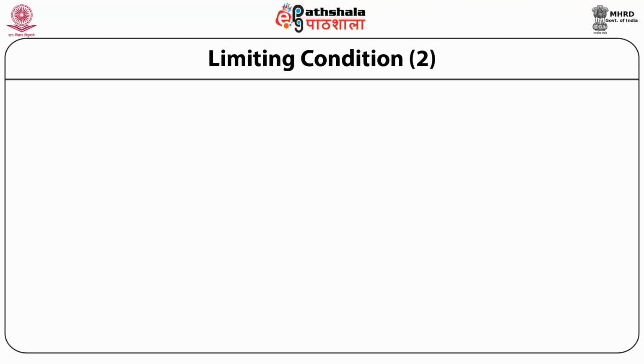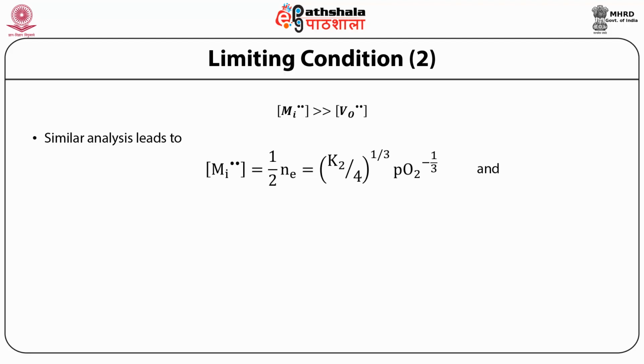So the second limiting condition is when the concentration of Mi double dot is much greater than VO double dot. Following a similar exercise as in the previous slide, we can calculate that the concentration of Mi double dot is equal to half of Ne, which comes out to be K2 by 4 to the power 1 by 3 times PO2 to the power minus 1 by 3, and VO double dot is equal to K1 by 2K2 to the power 2 by 3 times PO2 to the power 1 by 6.